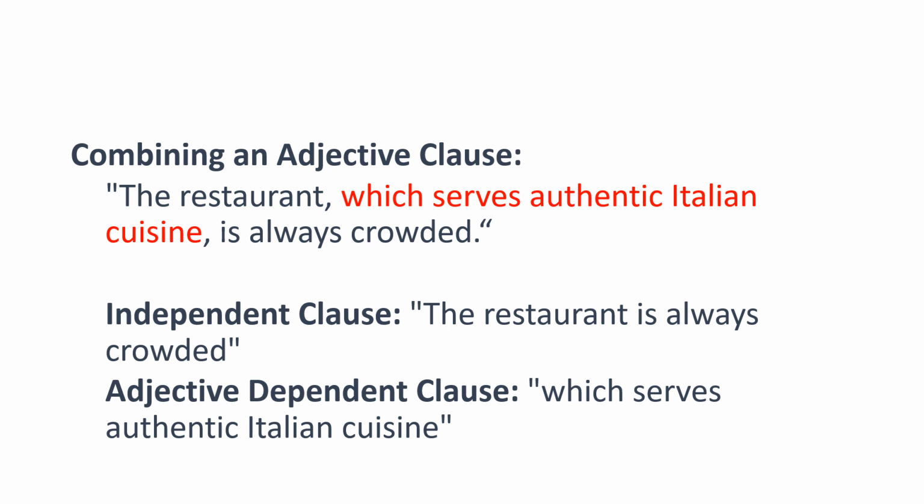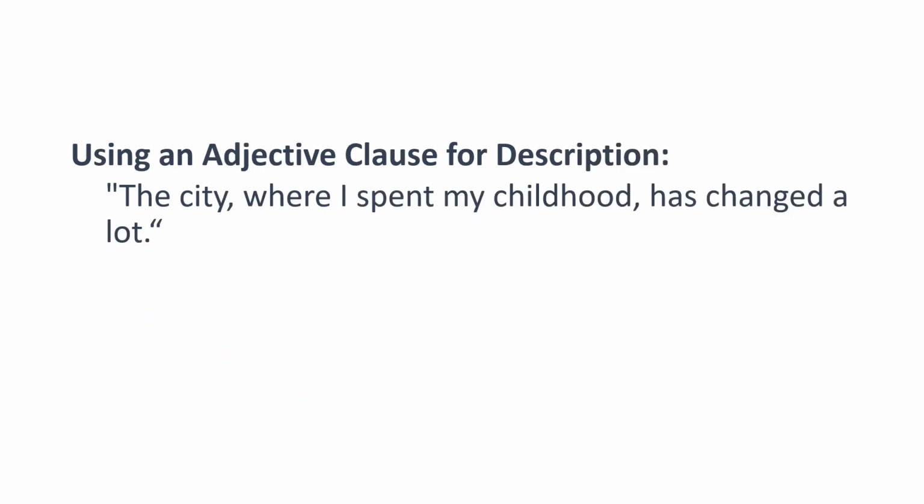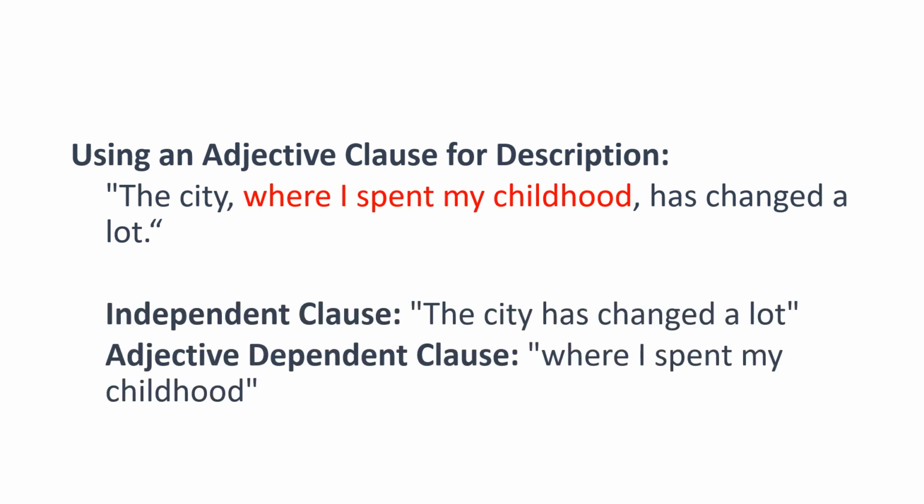The city, where I spent my childhood has changed a lot. Independent clause is the city has changed a lot. And dependent clause is where I spent my childhood. How confident you feel to find independent and dependent clauses in complex sentences now.